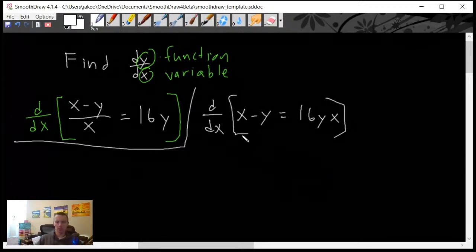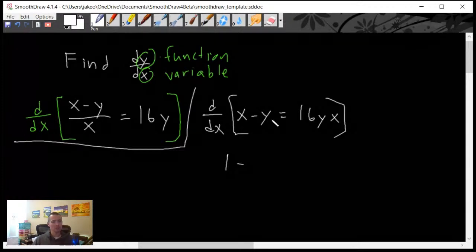So basically, we just want to think about each of these terms as we go in here. The derivative with respect to x of x is going to behave the way that you would expect it to. The derivative of that is just 1. And that's because x is our variable. However, the derivative of y with respect to x is going to be a little bit different, because y is an unknown function of x. So we really have to treat this as the derivative of y with respect to x, the derivative of some unknown function with respect to that function's variable.